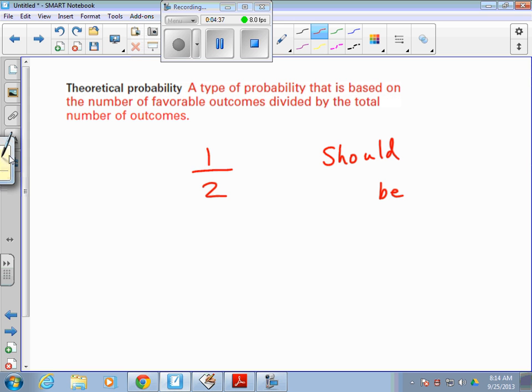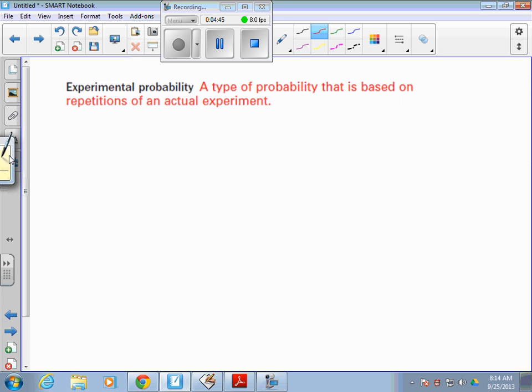In this example, one of them should be heads out of 2, because the second one would be tails. Experimental probability is what it actually comes out to in an actual experiment. Again, if you flip that coin 10 times, you might get 4 tails. Well, 4 out of 10 doesn't line up. That does not equal 1/2. That does not equal the theoretical probability.